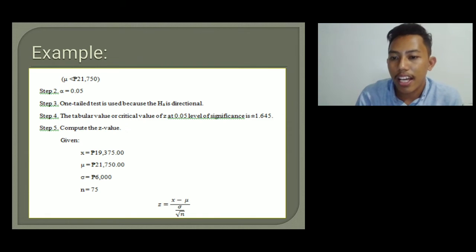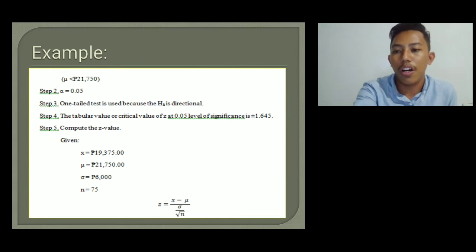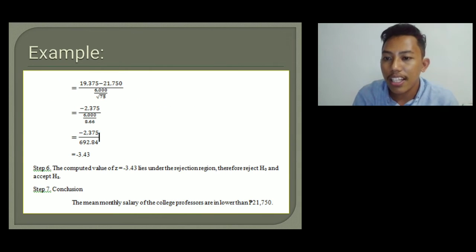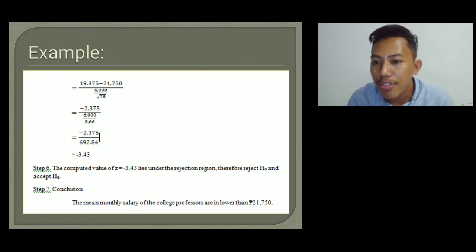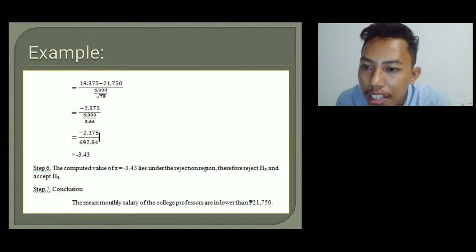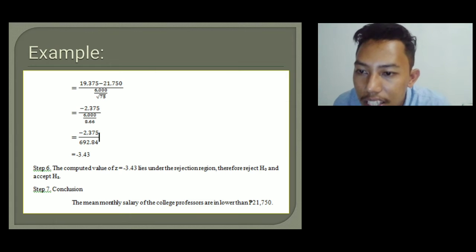x minus the mean over standard deviation over square root of n. So then we need to fill in the given. So 19,375 minus 21,750 over 6,000 over square root of 75 is equal to negative 2,375 over 6,000 over 8.66.